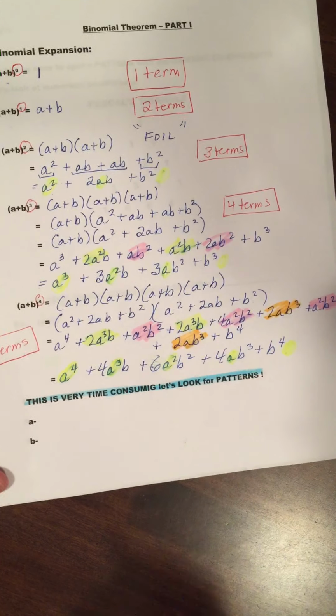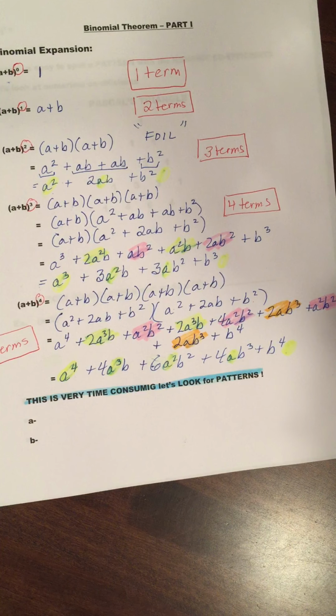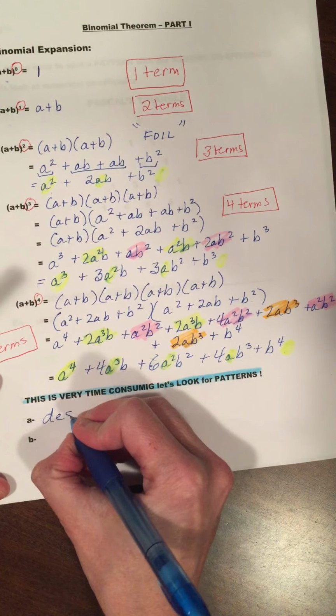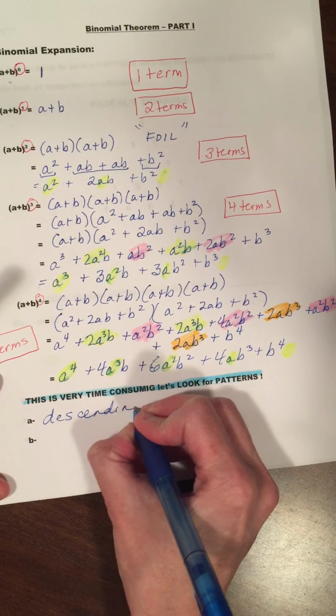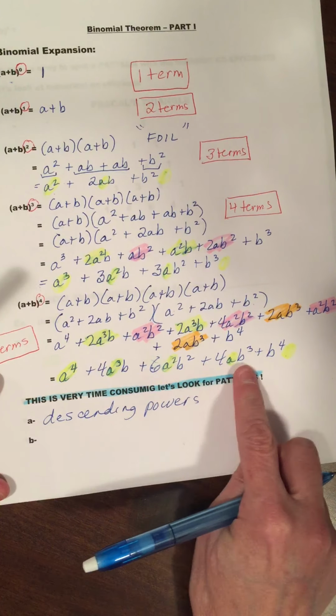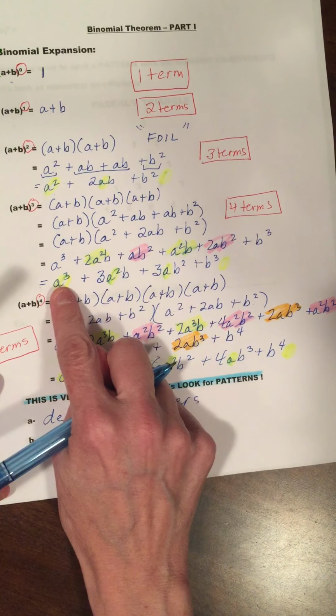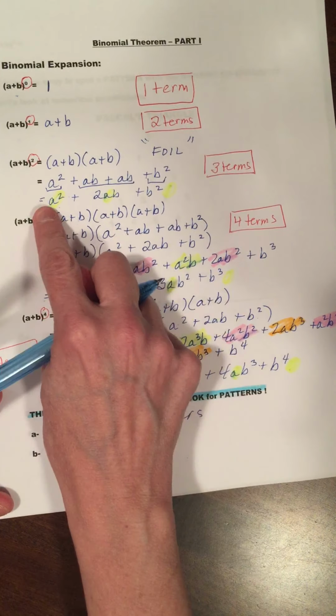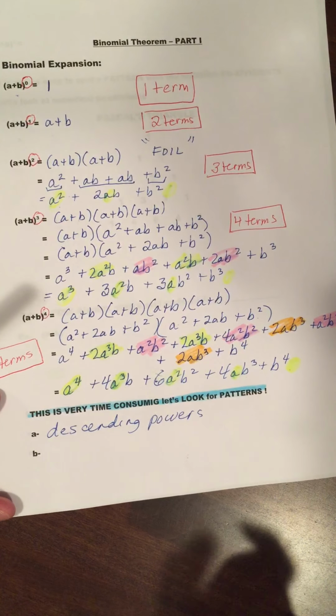What do you notice about that A term? The powers are descending. 4, 3, 2, 1, A to the 0. 3, 2, 1, A to the 0. 2, 1, A to the 0.